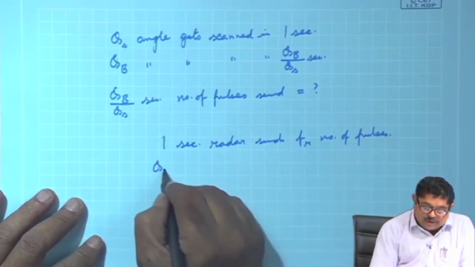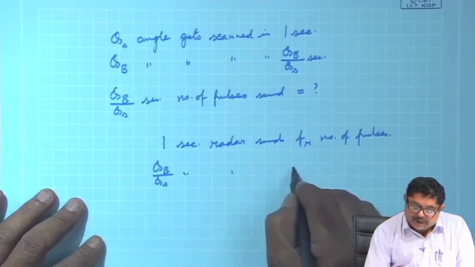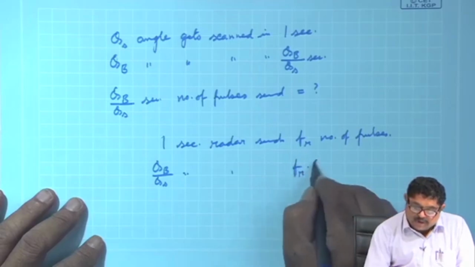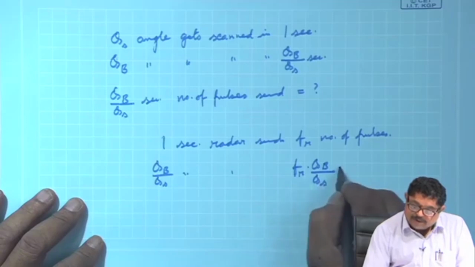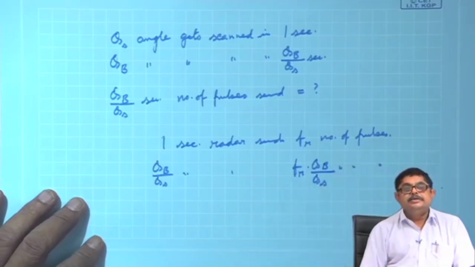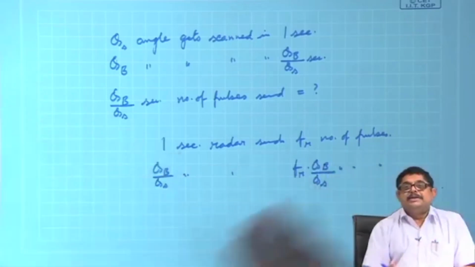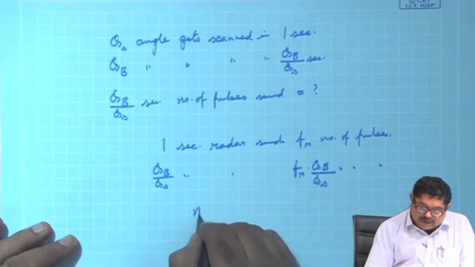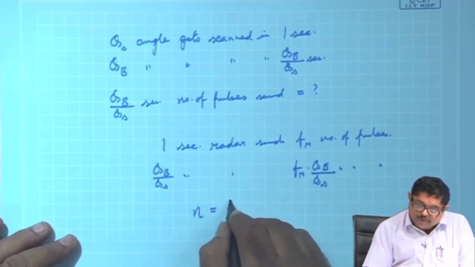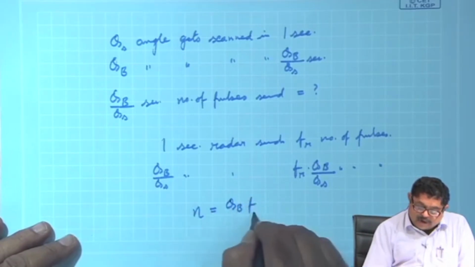So, in theta b by theta s seconds, the radar sends FR into theta b by theta s number of pulses, and those are the echoes that are returned from the same target. So, I can say n is equal to theta b FR by theta s.